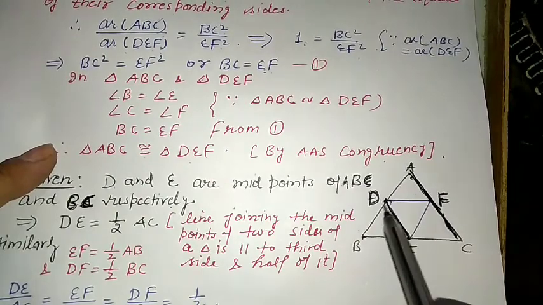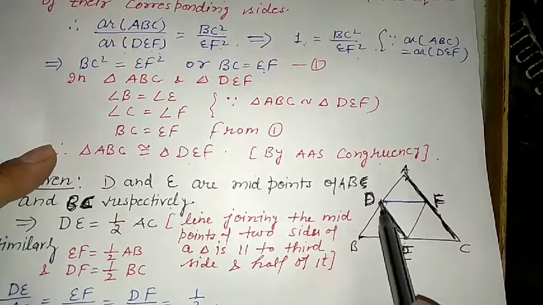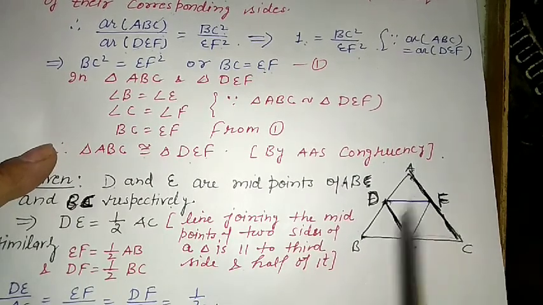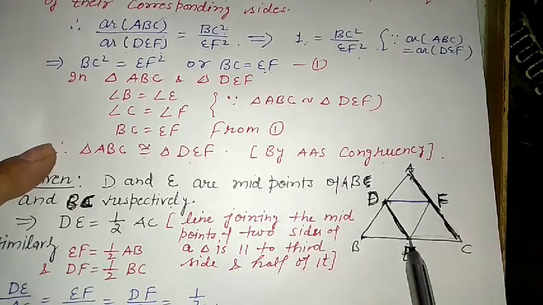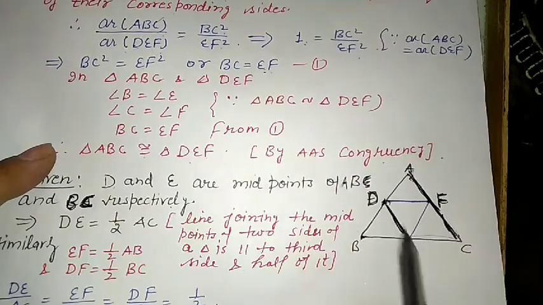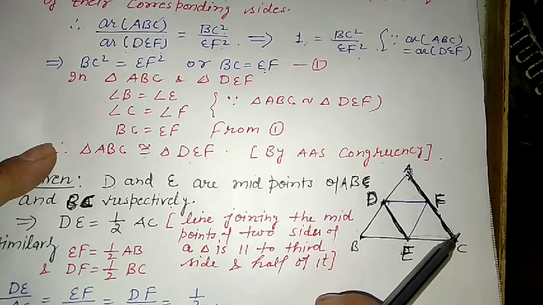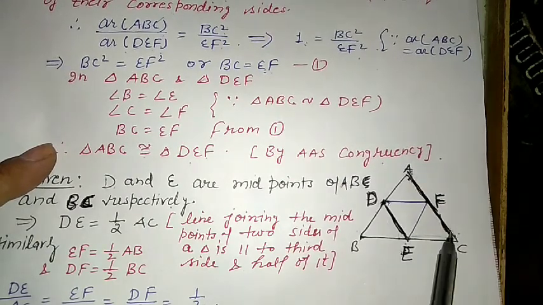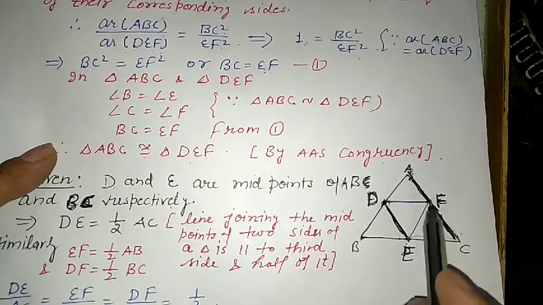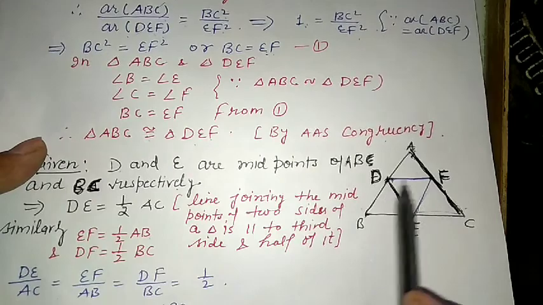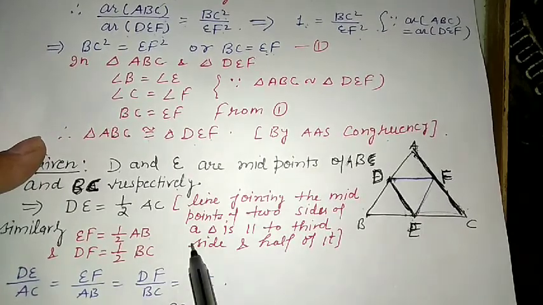The line joining the midpoints of two sides of a triangle is parallel to the third side and half of it. D is the midpoint of AB and E is the midpoint of BC. So DE is half of AC. Similarly, EF is half of AB and DF is half of BC.